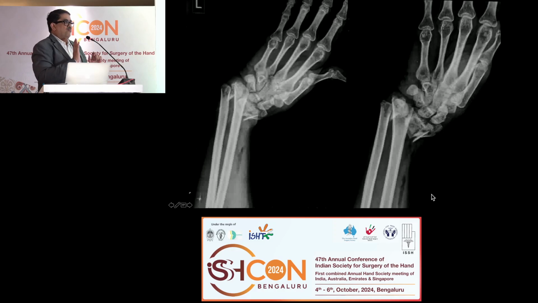Once I reduce this fracture, is it going to stay reduced or not? If I know I'm going to require fixation for this, then I start thinking what type of fixation I'm going to need. Will I need dorsal plates? Will I need volar plates? Should I keep an external fixator ready? So that's what goes on in my mind. I do not look at the radius X-ray and say, okay, plating. No. What mechanism and how am I going to reverse it?